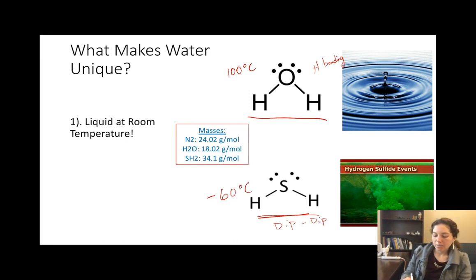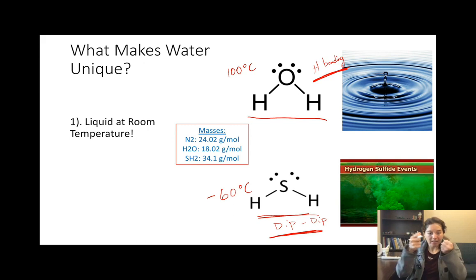And we can see that because of the different types of intermolecular forces here are really making and affecting this attraction between them. So water is really hard to separate, which means you have to put a lot of energy in. You have to heat it quite a lot before it's going to separate and turn into a gas. Whereas a lot of other substances, that's just not the case.